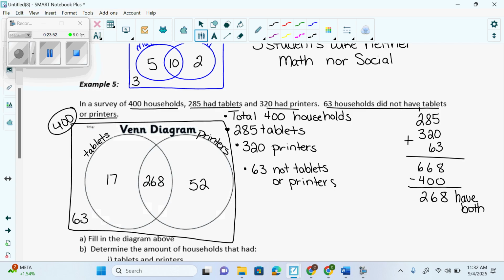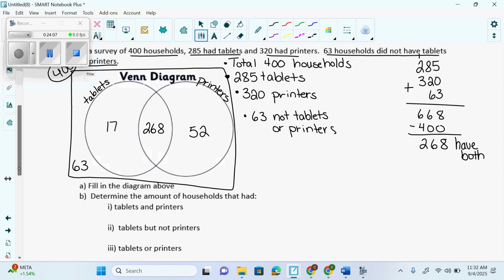What should these add up to? 400. Go. Add your 4 numbers. Did it work out? Did you get 400? Perfect. Okay, let's answer these questions.